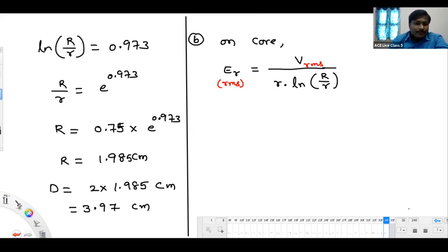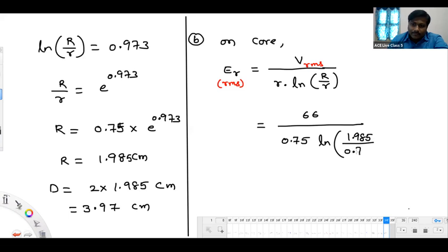So you keep the operating voltage of the conductor, 66 kilovolts RMS, by small r 0.75 into natural logarithm of capital R by small r, 1.985 by 0.75. Numerator is in kilo, denominator in centimeters, so it's kV per centimeter.